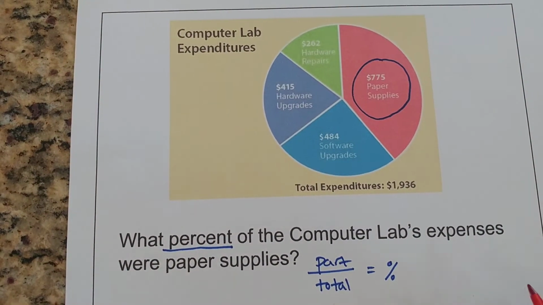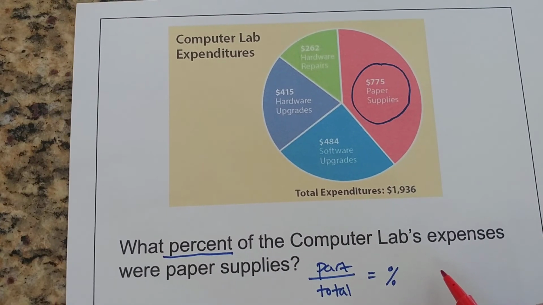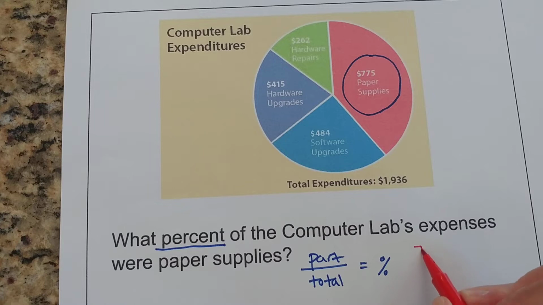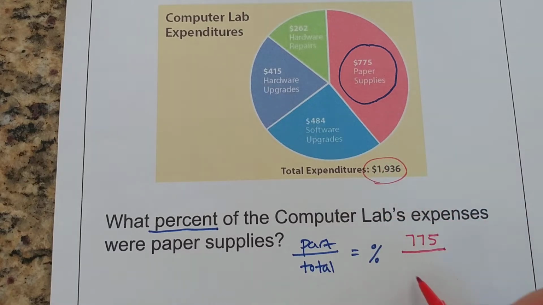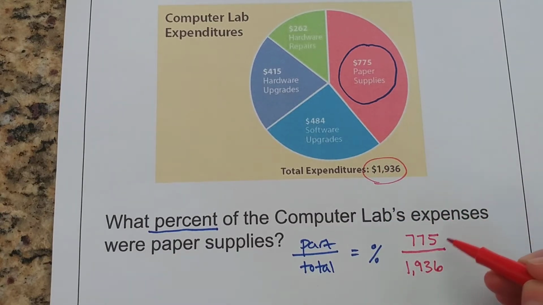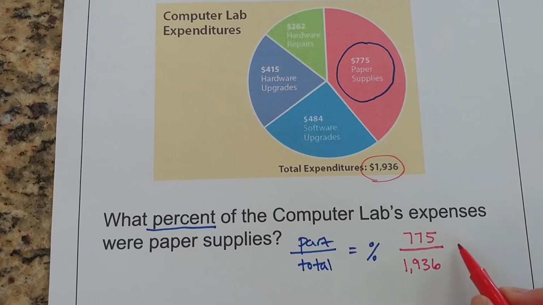The part of the money that was spent on paper supplies is $775. That's the part. The total amount that was spent is $1,936. So if we take 775 and divide it by 1,936, we can find the percent.